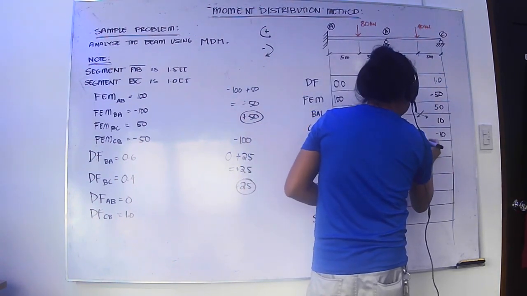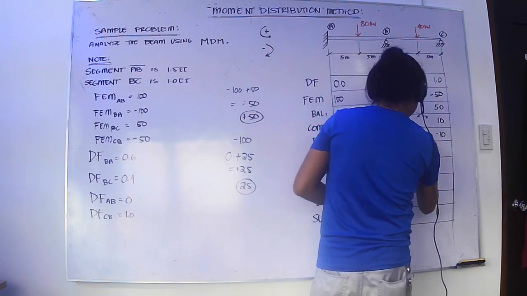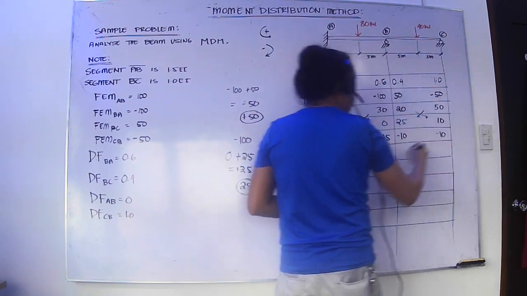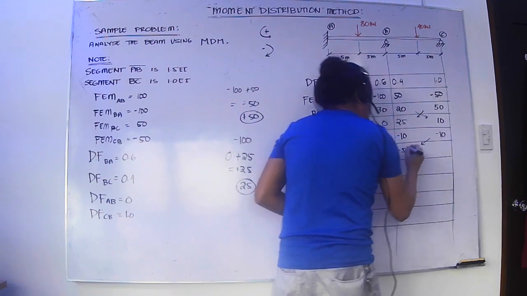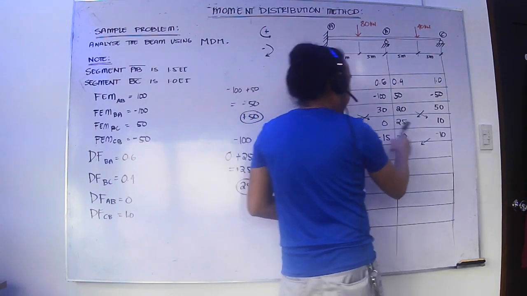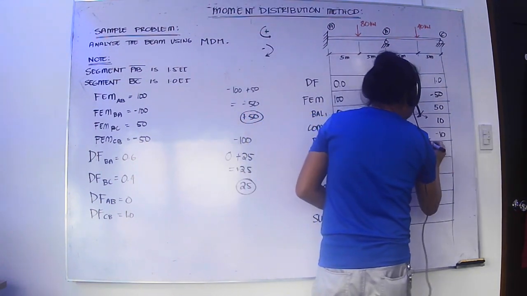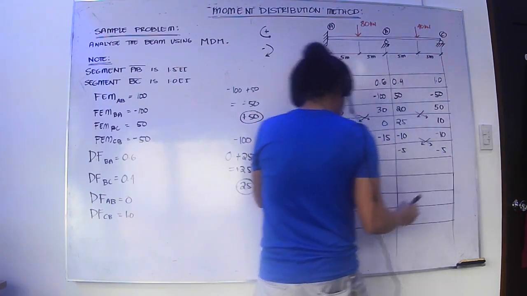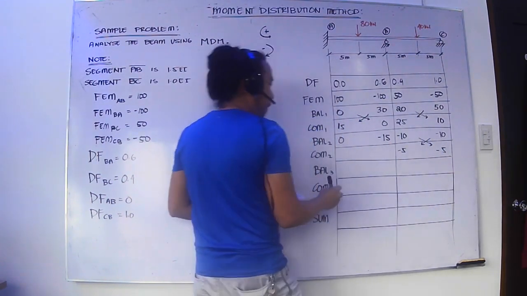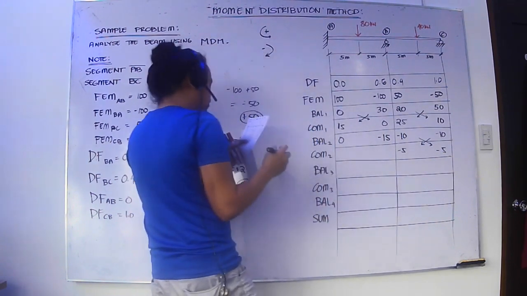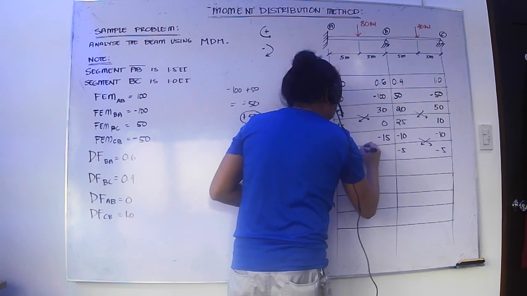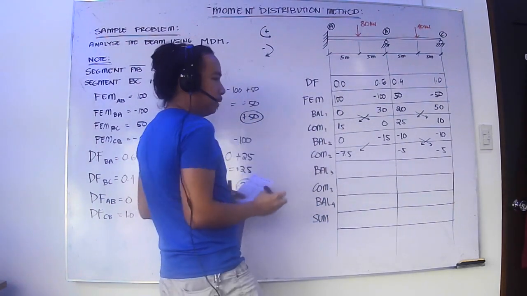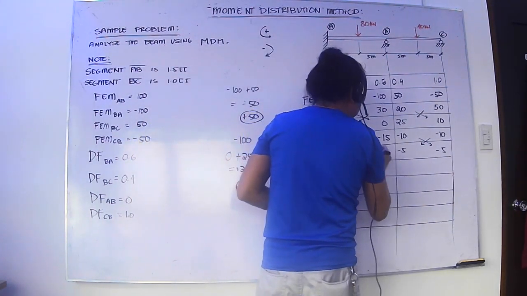Negative 10 divided by 2, that should be equal to negative 5. Negative 15 divided by 2, that should be equal to negative 7.5. 0 divided by 2, that should be equal to 0.